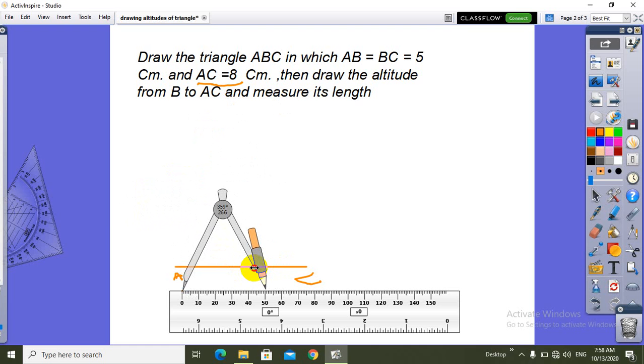Then put this compass on the point A and turn it slowly without drawing. When it's over the middle, I will draw the first arc by using this pencil.